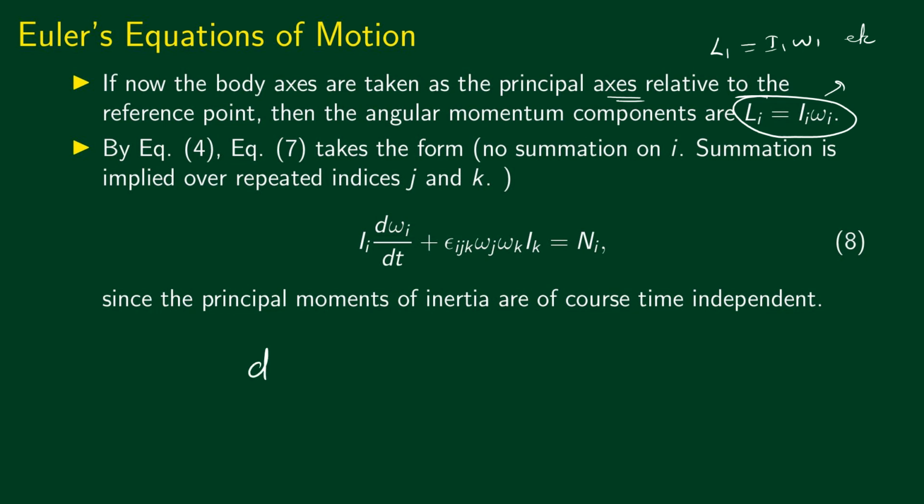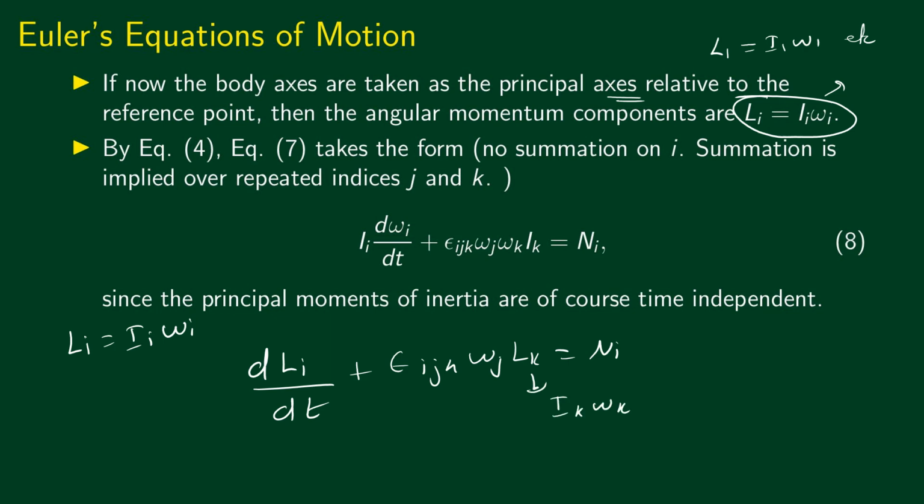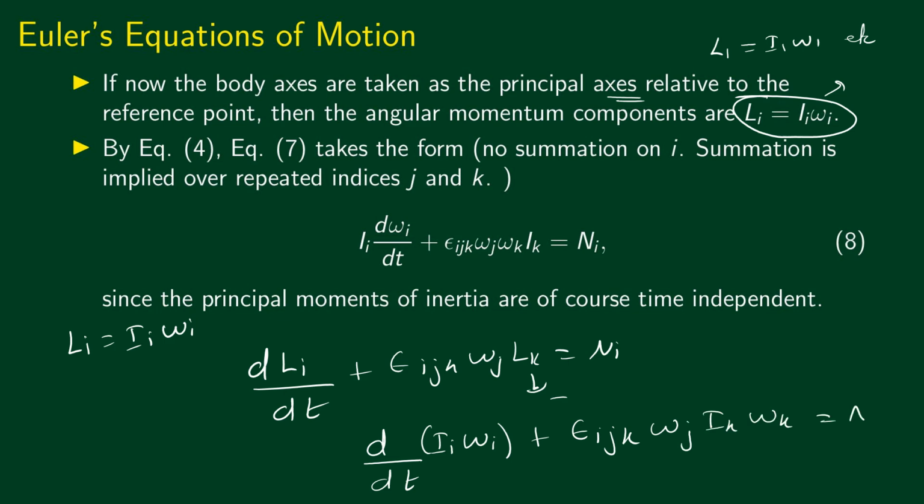Now the equation of motion we had was dLi by dt plus epsilon ijk omega j Lk is equal to Ni. Now we can substitute Li equal to Ii omega i, and Lk here would be Ik omega k. Then the equations of motion can be written as d by dt of Ii omega i plus epsilon ijk omega j Ik omega k is equal to Ni.